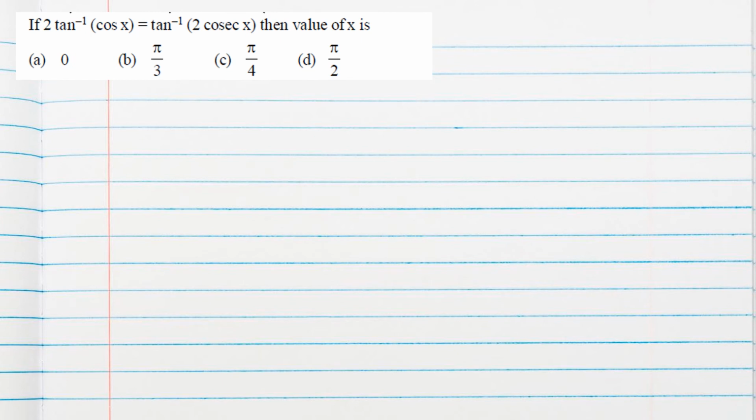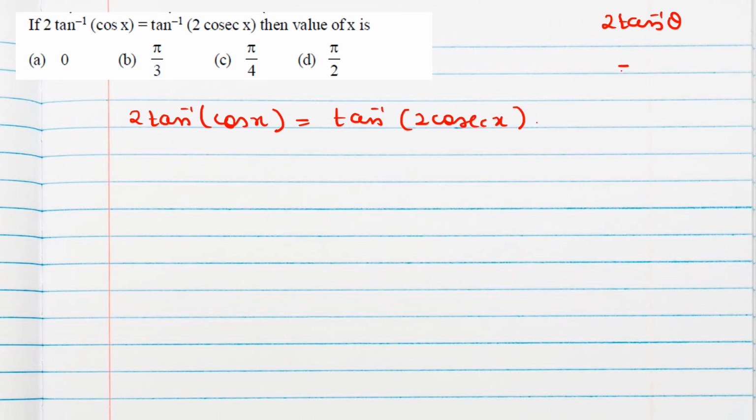Next question is 2 tan inverse cos x is equal to tan inverse 2 cosec x. Now see, we can use 2 tan inverse theta formula. 2 tan inverse theta formula is actually tan inverse of 2 theta by 1 minus theta square.